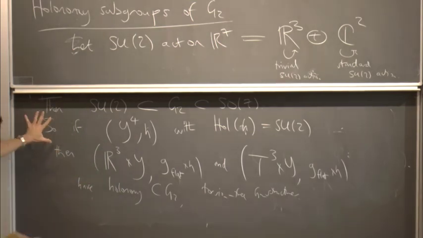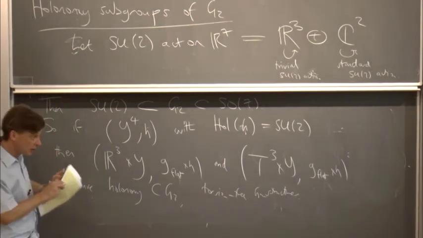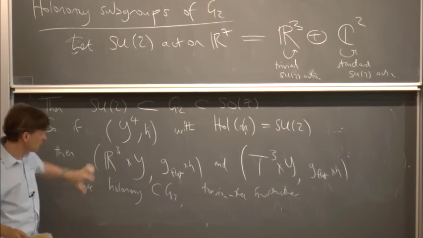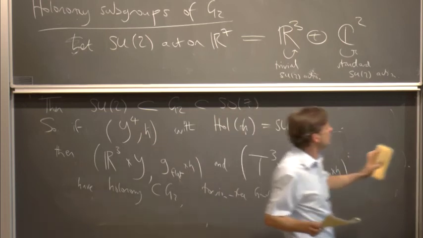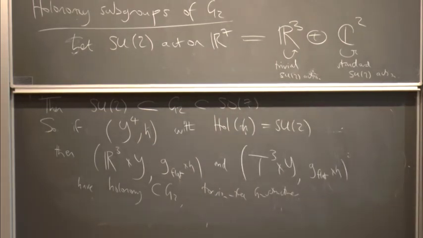So if you have a Calabi-Yau twofold, something with holonomy SU2, in 4 dimensions you can take the product with a flat thing like R^3 or T^3 and get a torsion-free G2 structure. That will be important later as ingredients out of which to build things which have the full holonomy G2.